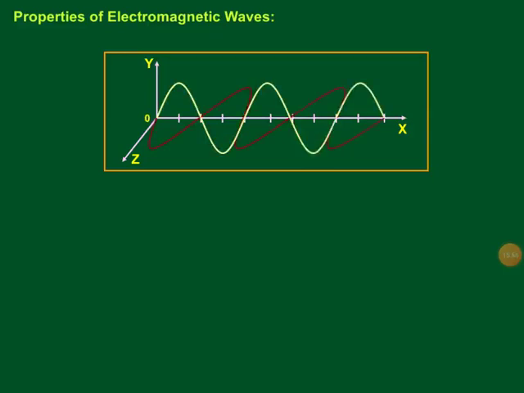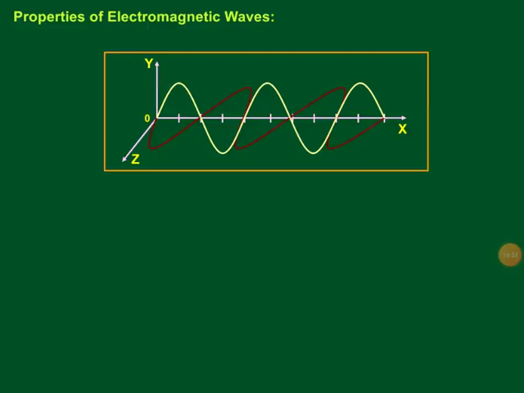So both are varying, and the wave is going along the x-axis.